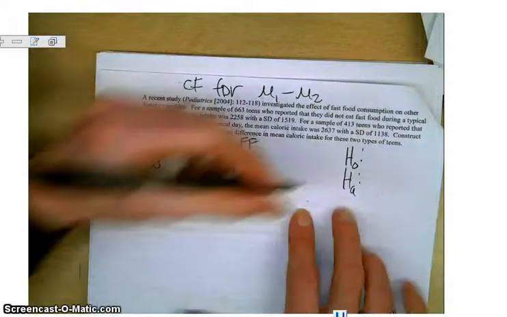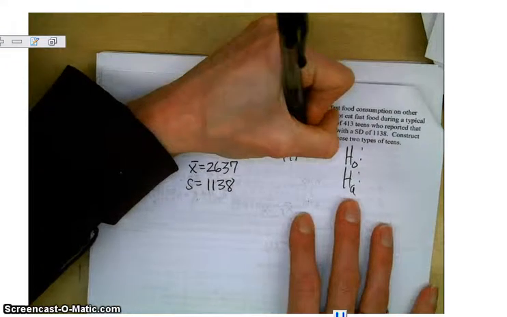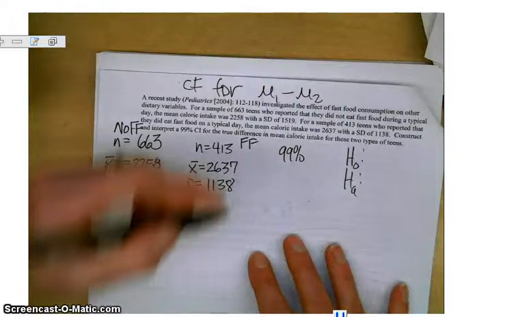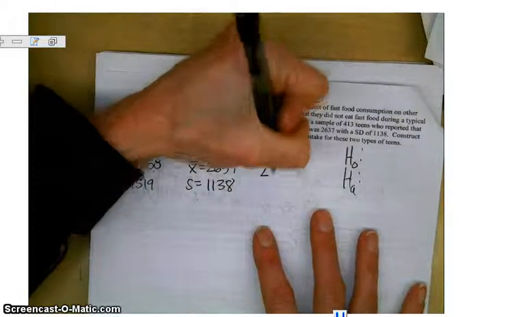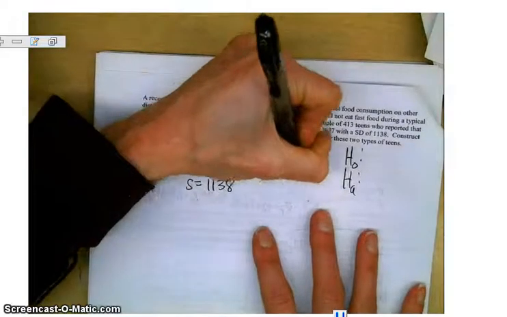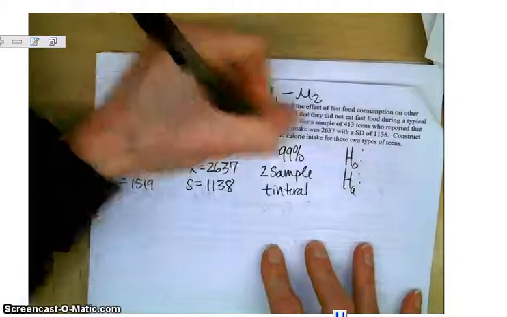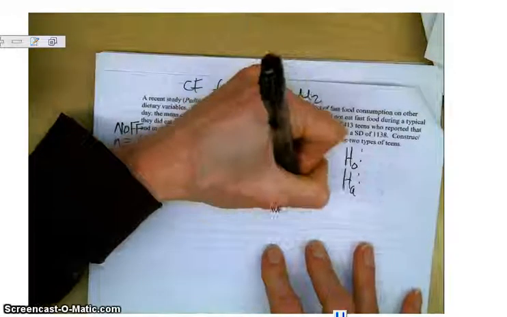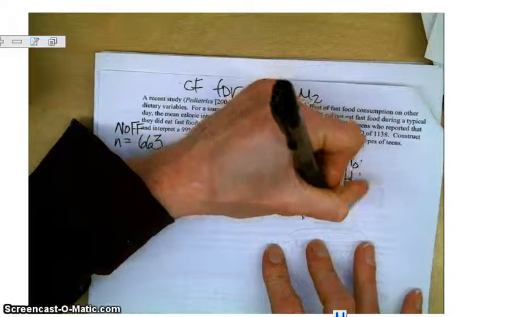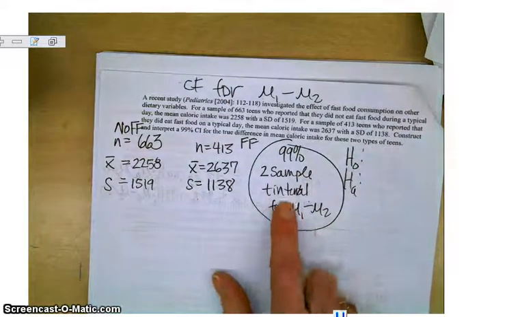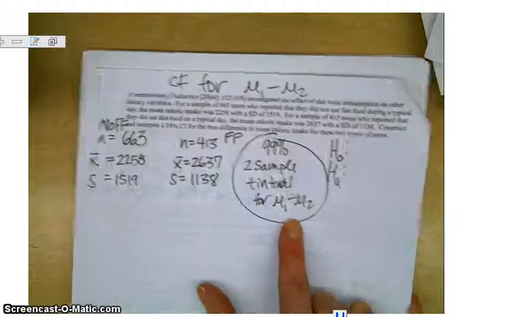Construct and interpret a 99% confidence interval for the true difference in mean caloric intake for these two types of teens. So we are going to do a 99% two sample t interval for mu1 minus mu2. That's what we're doing. 99% two sample t interval for the difference in means.